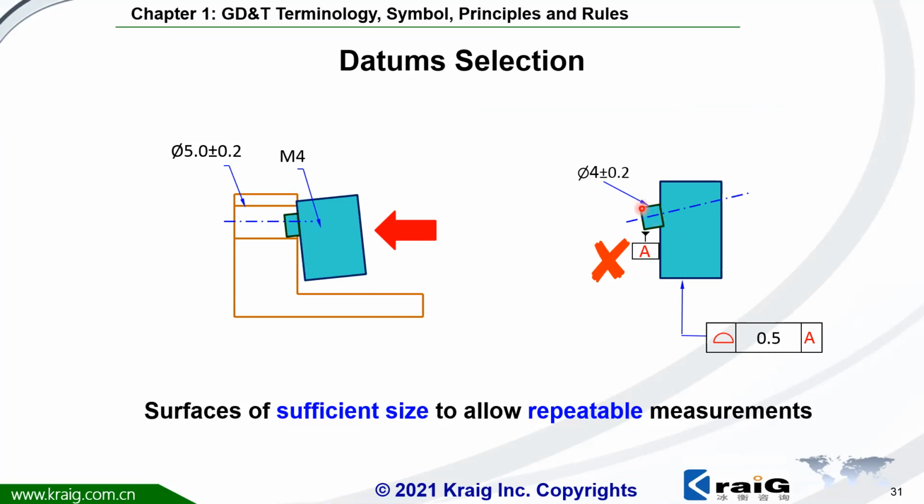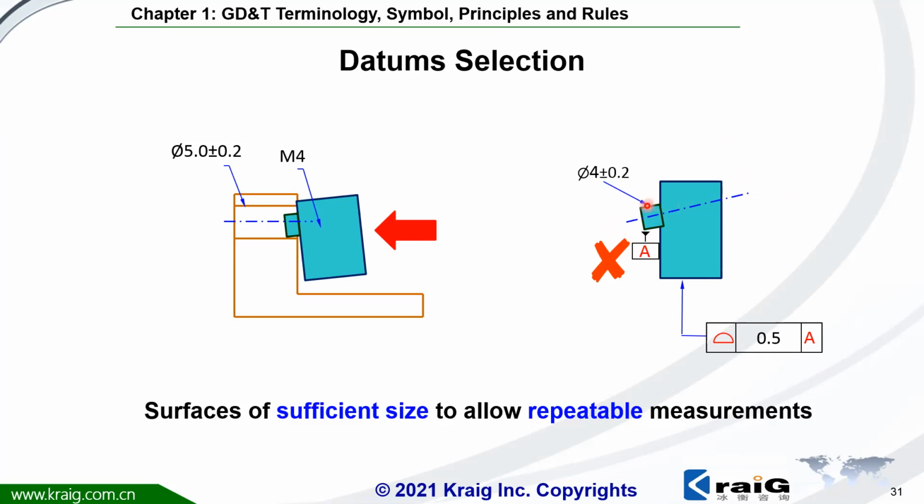Because the length of the pin is short, that means if there's a little minor tilt or rotate of this pin, the datum simulator or the datum axis we get from this pin is going to sway or tilt geometrically.